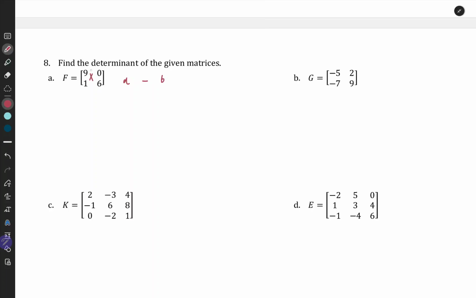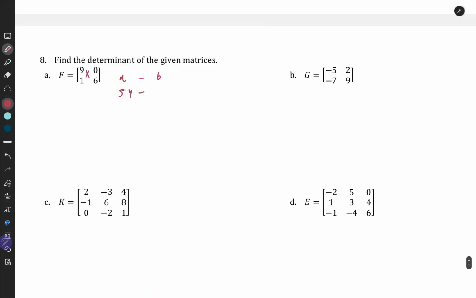So here, let's start from A. 9 times 6 is 54, and then minus 0, because 1 times 0 is 0. So 54 minus 0 is 54. So you could say det F is 54.